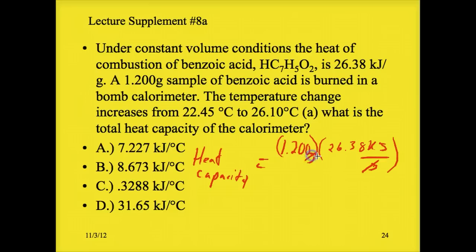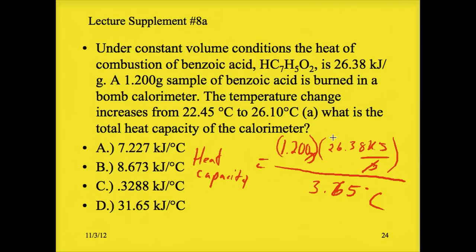So that's the energy given off by the benzoic acid, and the temperature changes. All right, so we go up 3.65 degrees. That's going to be our delta T, and that's going to be our C. So our heat capacity will actually be this value.